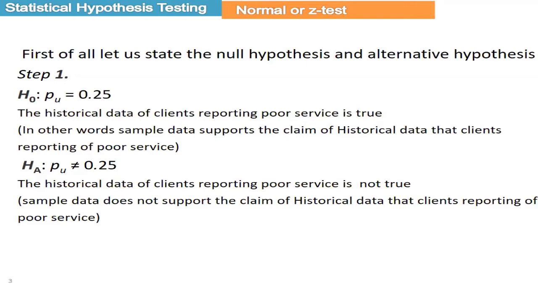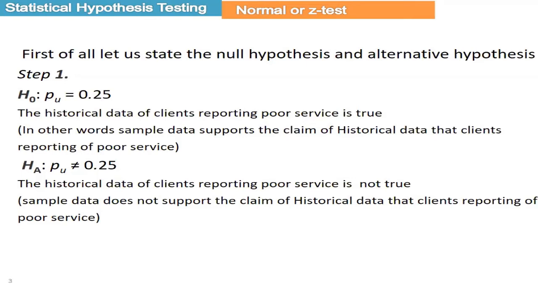And what will be the alternative hypothesis? The claim of the poor service from the population is not true. That is, p u is not equal to 0.25 or 25%. It may be less than, it may be more than. Or we can say the sample data does not support the claim of the historical data.